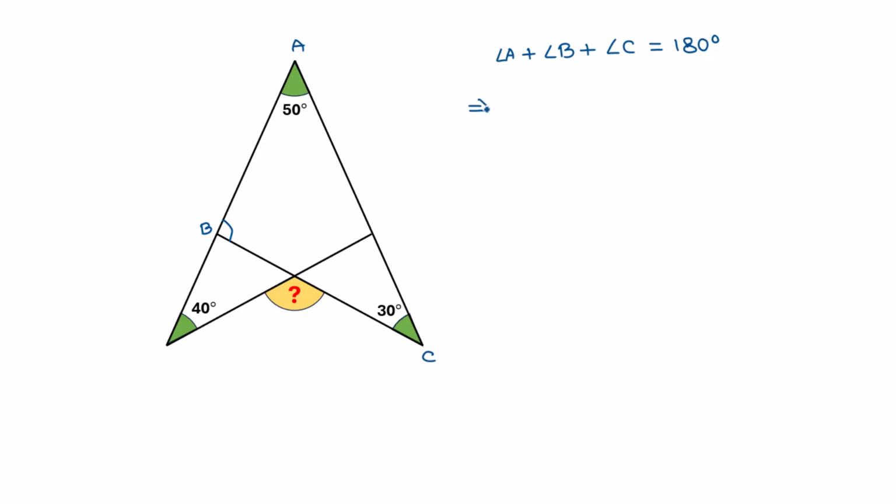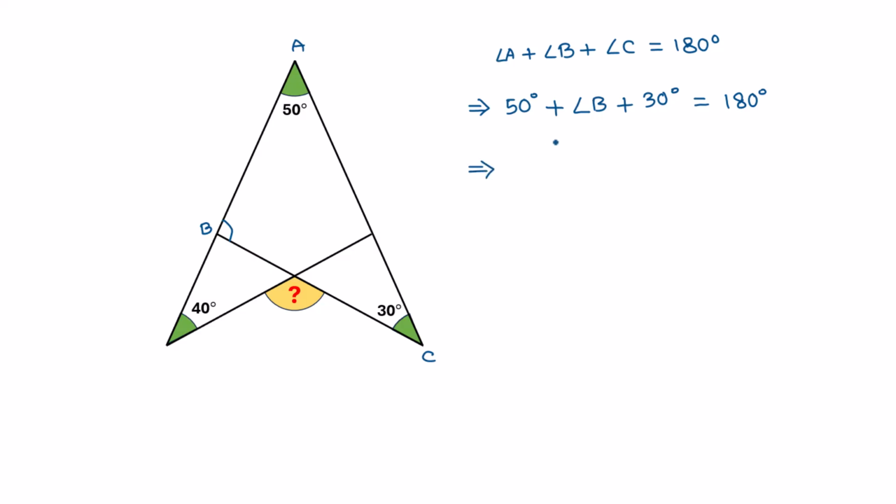Or, substitute the value of A and C, we will get the value of B. So angle A is 50 degrees. So this will be 50 degrees plus this angle B plus we are given C is equal to 30 degrees, is equal to the right side 180 degrees.